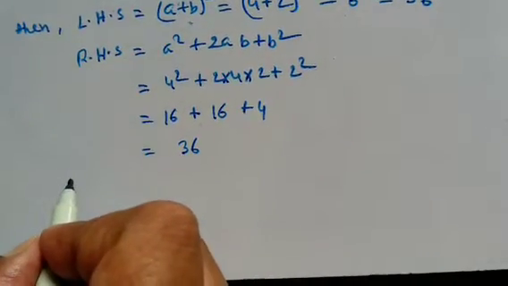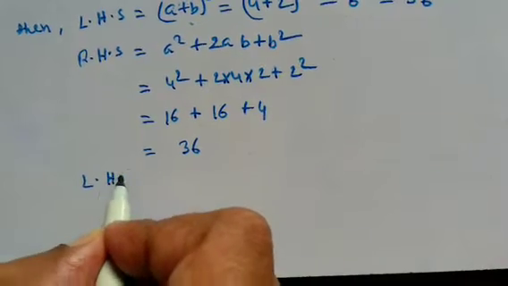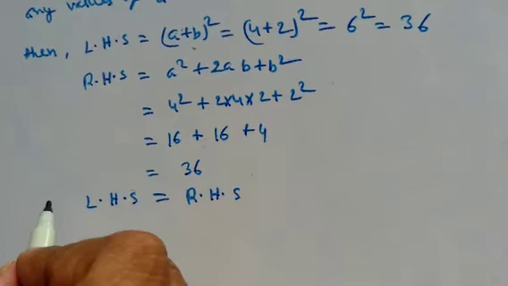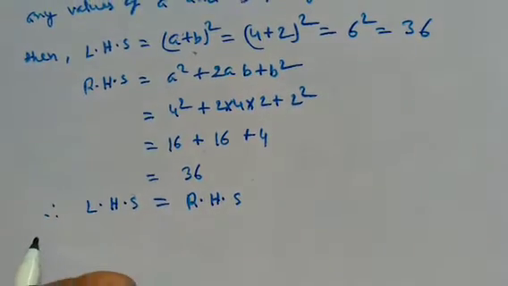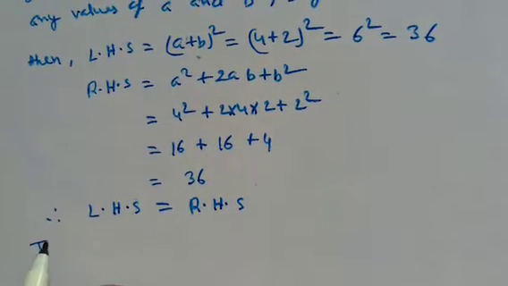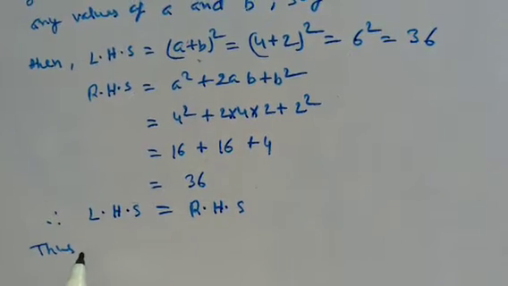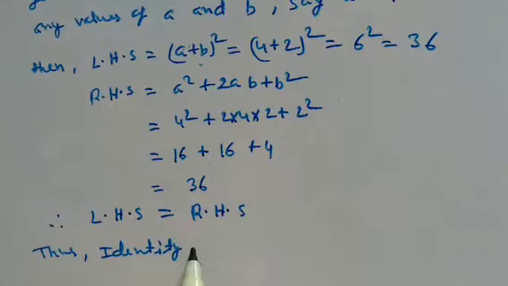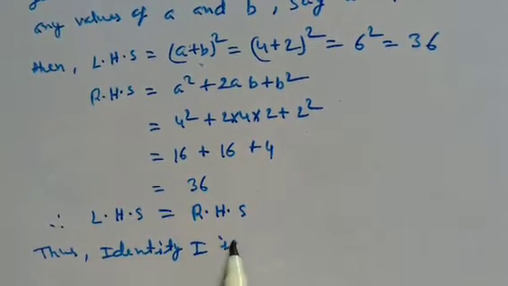We get LHS equal to RHS. Thus, identity 1 is verified.